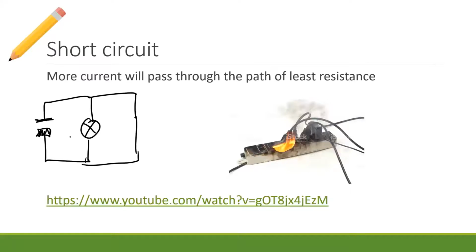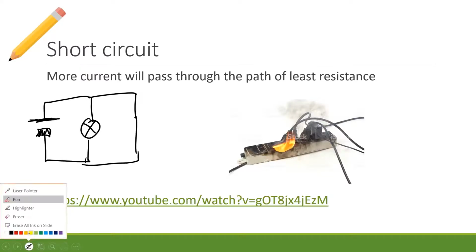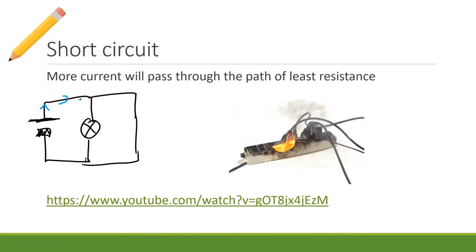Okay, now I've got a circuit that looks like this, and I've got my electrons. Actually, I'll just talk about the current, not electrons. The current's going to come out of here, and then it's going to get to this point here. It's going to say, do I want to go down this branch beneath me that has a light bulb?